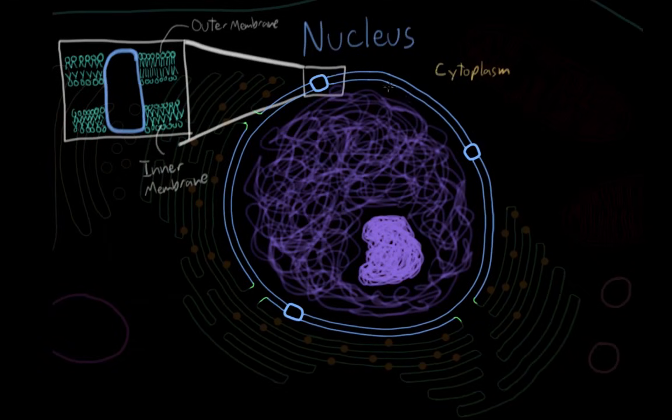On the inside of the nucleus is what's called the nucleoplasm. And the nucleoplasm is the fluid inside the nucleus. And so the cytoplasm and nucleoplasm aren't continuous. However, a lot of the times stuff needs to be transported between the nucleoplasm and the cytoplasm.